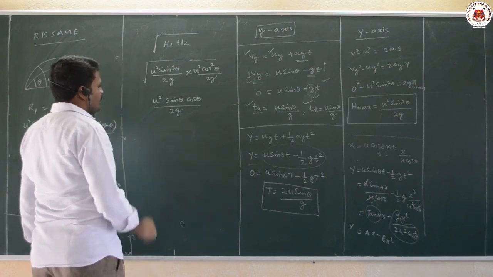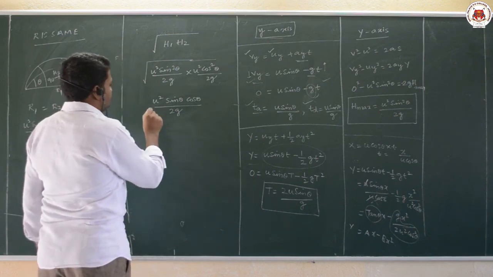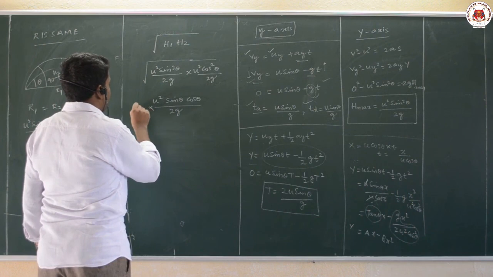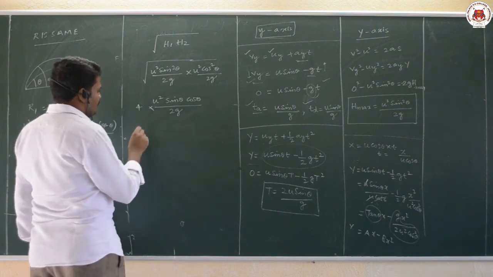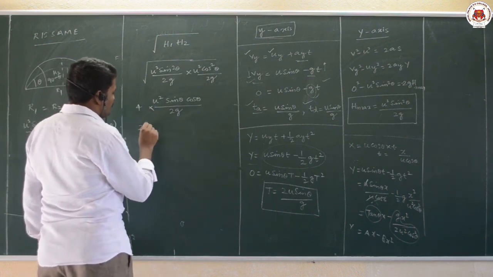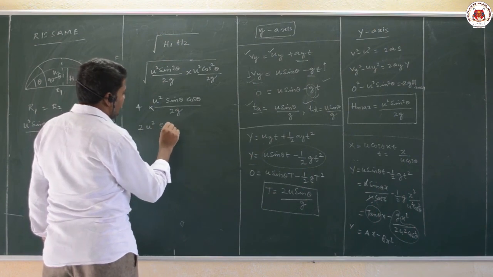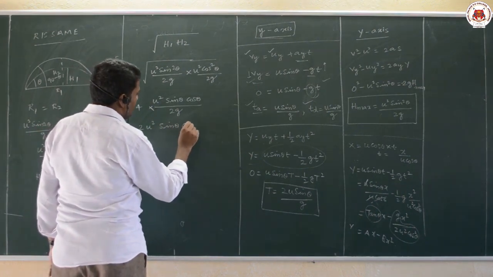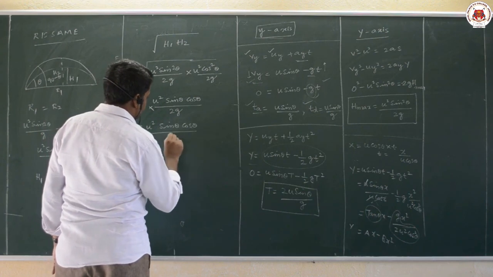For this you multiply with 4. If you multiply with 4, it will become 2u square sin theta cos theta by 2g by g.